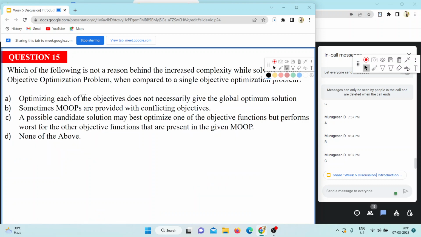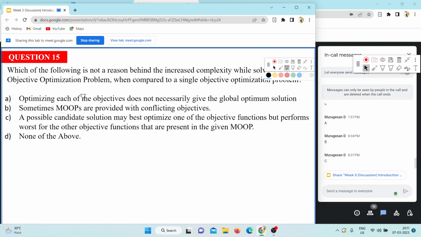Okay, so let's move on to the last problem, question number 15. I want everyone to guess this question. Which of the following is not a reason behind increased complexity while solving a multi-objective optimization problem when compared to a single optimization problem? Option A is optimizing each of the objectives does not necessarily give you the global optimal solution. B is sometimes a multi-objective optimization problem is provided with conflicting objectives.